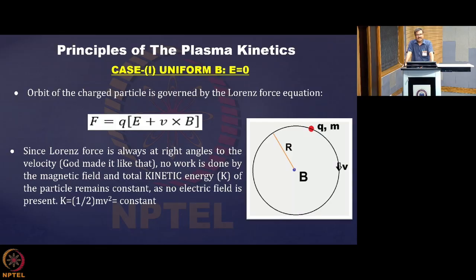In the present case, we are assuming that E equals 0. So in the Lorentz force equation, you just put E equal to 0, and you will get Q V cross B. So that is the motion. Since V cross B is always in a direction perpendicular to both V and B, the force is not in the direction of the particle's motion.